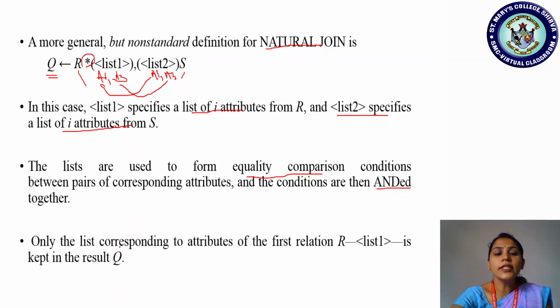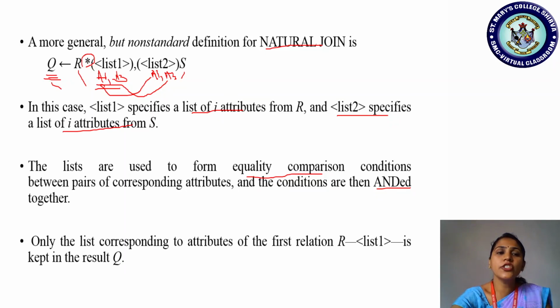Okay, so only the list corresponding to the attributes of the first relation R, list 1, is kept in the result Q. So when we find the attribute names common in R and S, while displaying the result Q, only the set of attributes of relation R will be shown in the resultant relation Q. Is that clear?